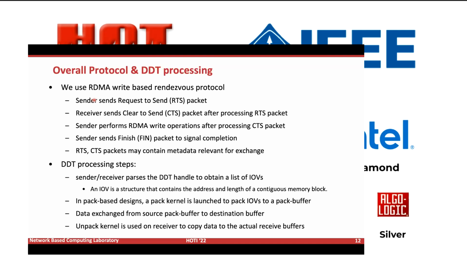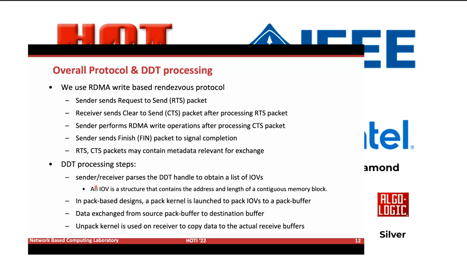Once the sender gets that packet, it can perform RDMA write operations. After that is done, the sender sends a FIN packet to signal the completion. In these kinds of protocols, RTS and CTS packets are typically used for exchanging additional metadata like buffer addresses and R keys that facilitate the exchange.